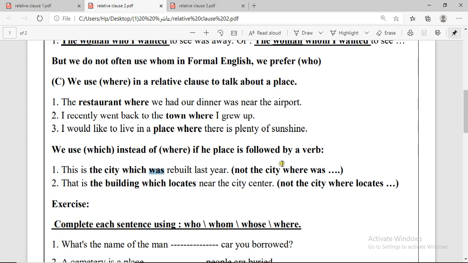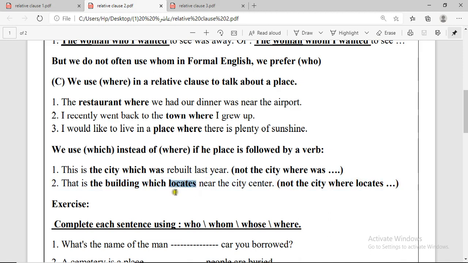Not the city where was. But imagine that here there wasn't a verb, we would use where. That is the building which locates near the city center. Why do we use which here instead of where? Because the building here is a place, but I have a verb after the space.